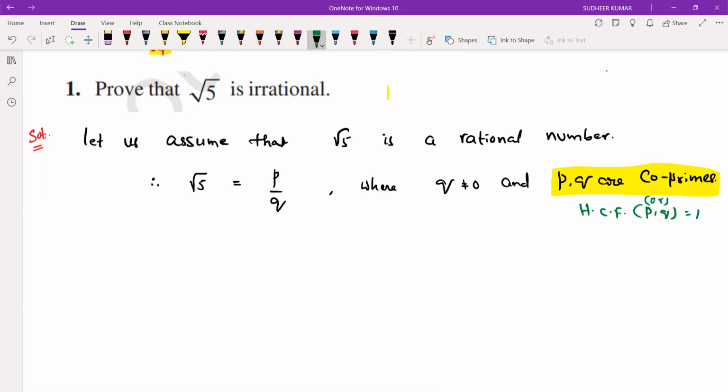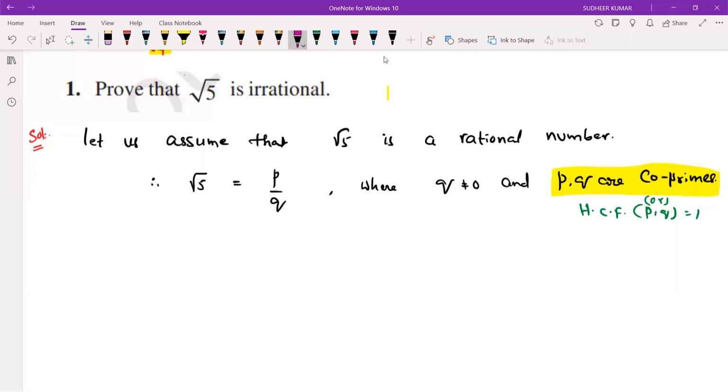When we assume this as a contradiction, that root 5 is a rational number, we will get at last the HCF of P and Q is other than 1. But as per the definition, HCF of P and Q must be 1. If it is other than 1, then our assumption is wrong. Do you understand it? If you understand this step, you can easily get this result.